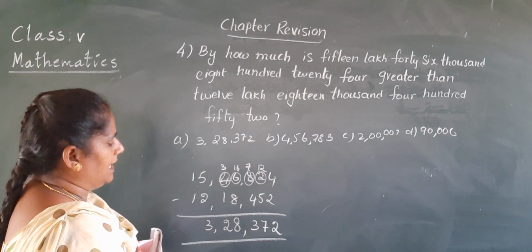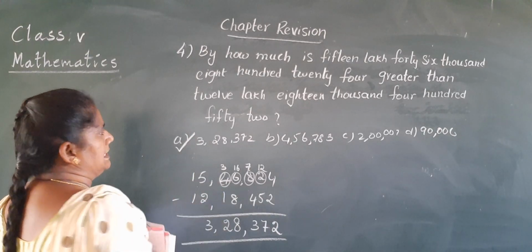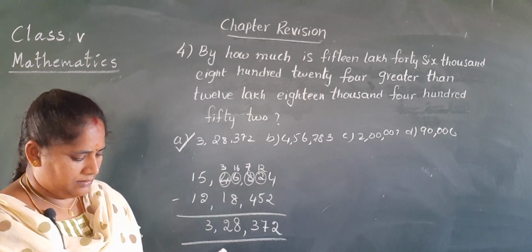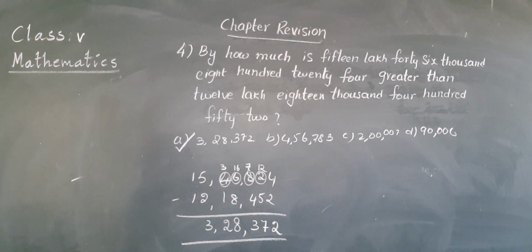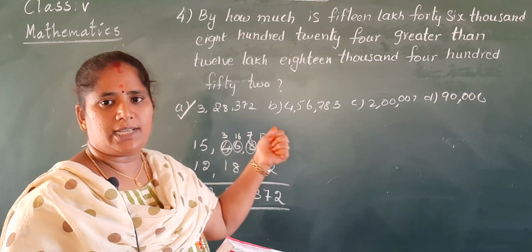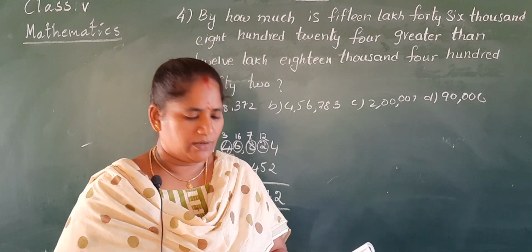So the answer is 3,28,372. This is the correct option. Okay? Next, fifth one.